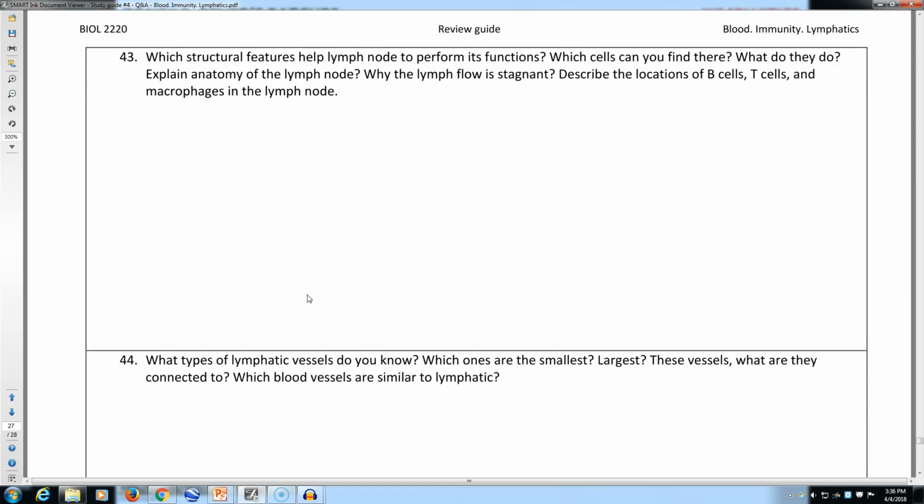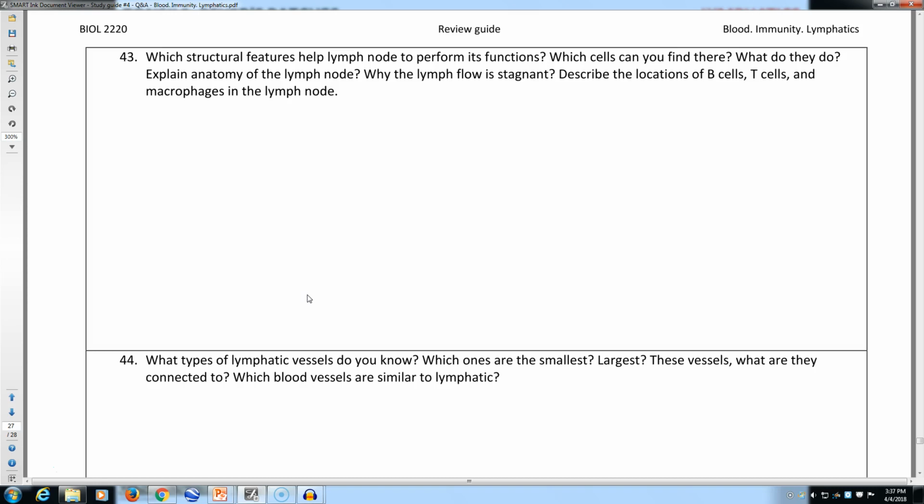Lymph node. Features to focus on. Number one, you have more afferent vessels, incoming vessels, than efferent vessels. Does that make sense here? So that allows lymph to stay stagnant for a little bit. Does that make sense? Okay.